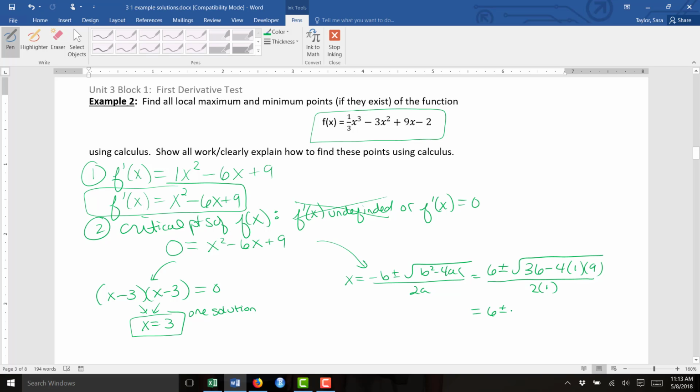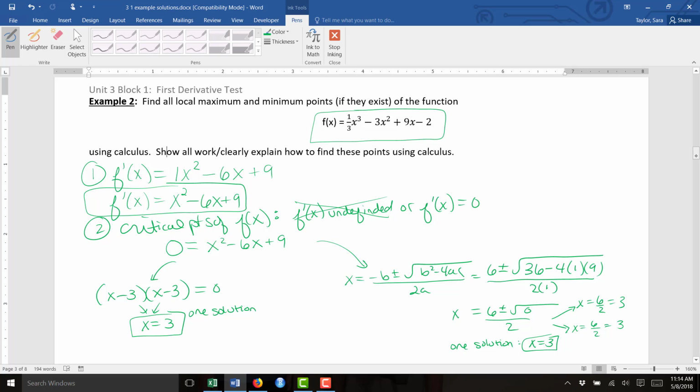That is 6 plus or minus the square root of 0 over 2. So you'll get x equals 6 plus 0 over 2, and x equals 6 minus 0 over 2. So both answers come out to just 3. There's still only one solution, one x value that solves the equation, x equals 3.